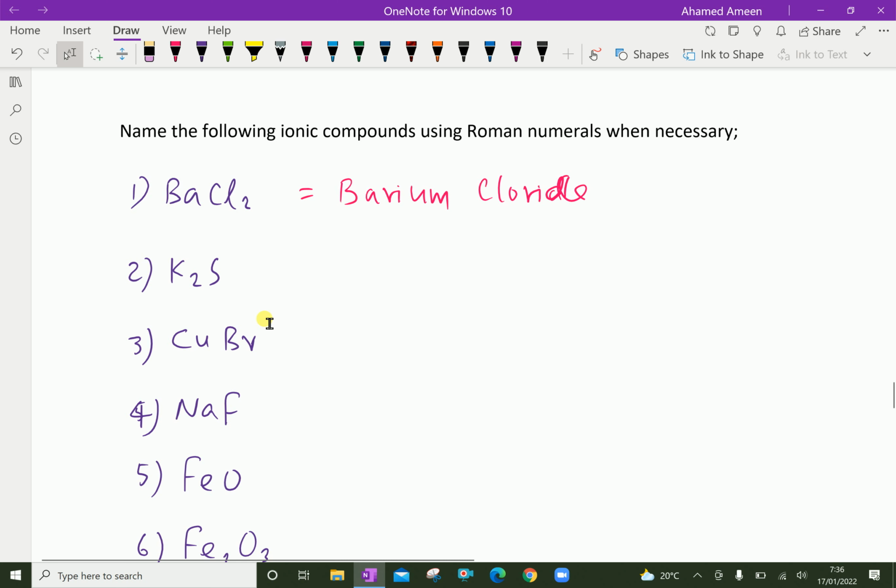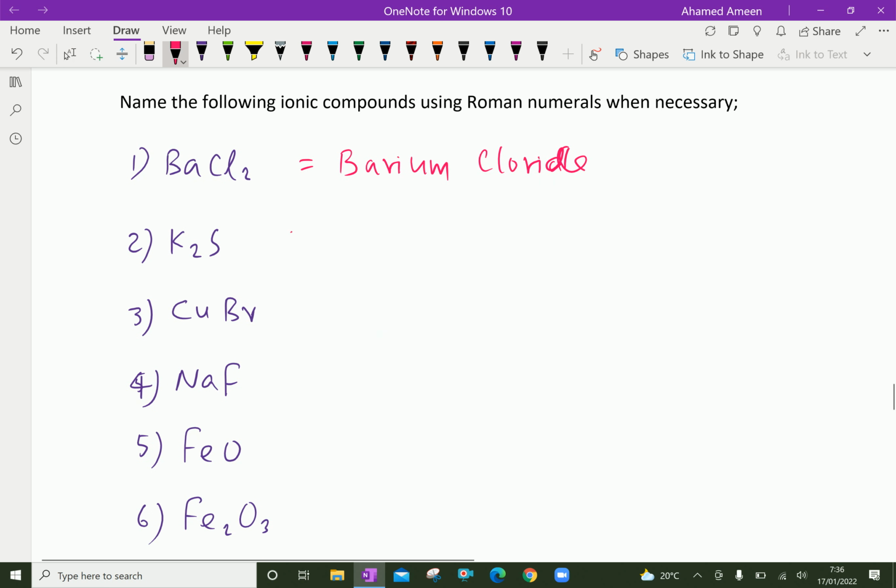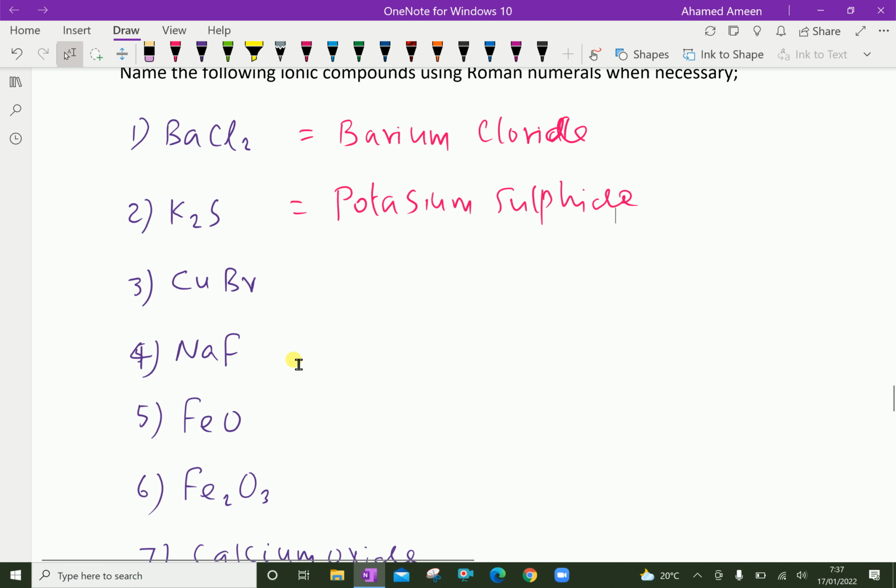Here K2S is potassium sulfide. Here CuBr is copper bromide.